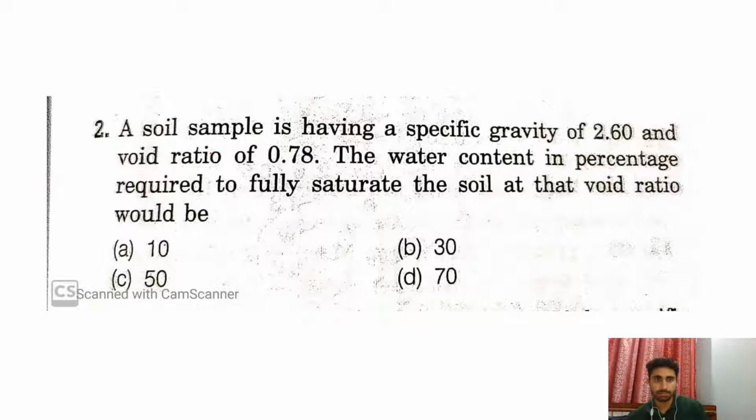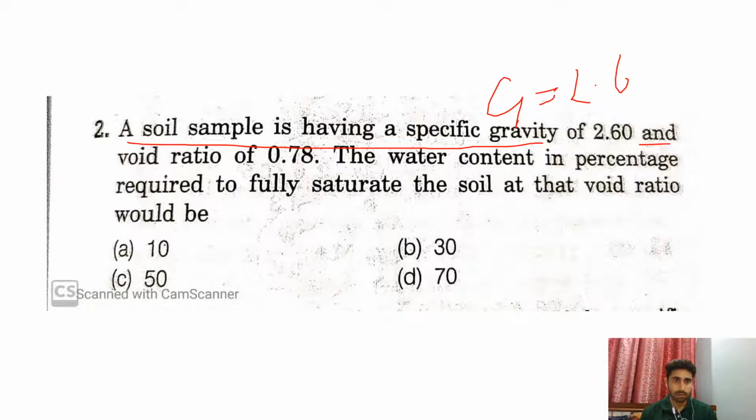First numerical: a soil sample is having a specific gravity G value of 2.6 and void ratio e of 0.78. We have G, we have e.